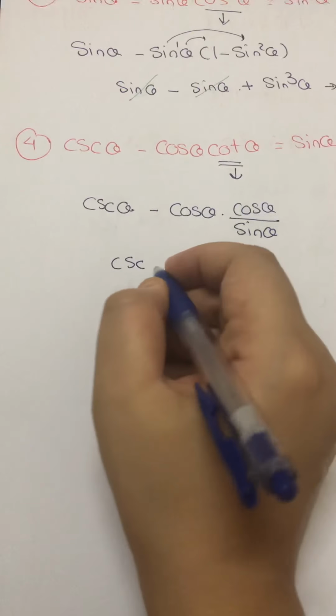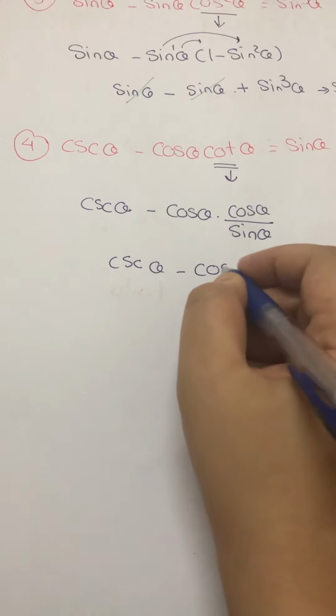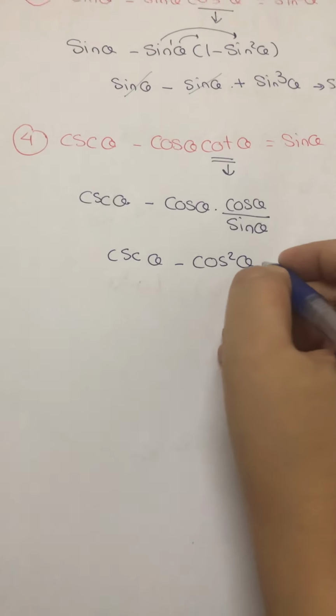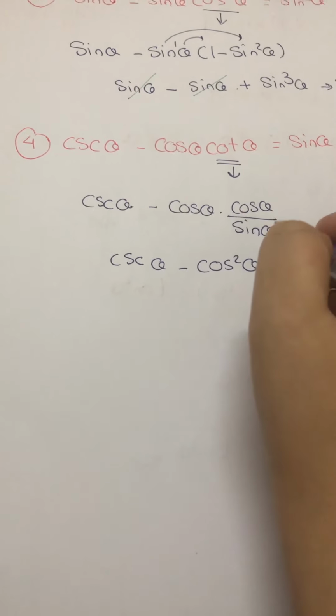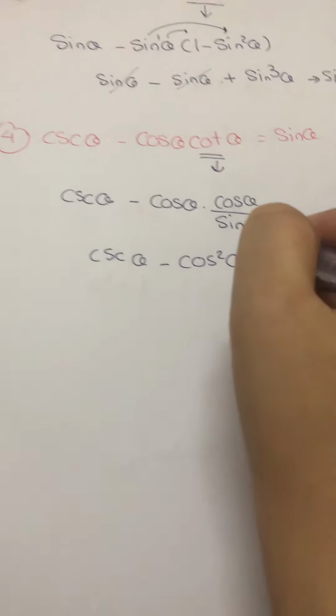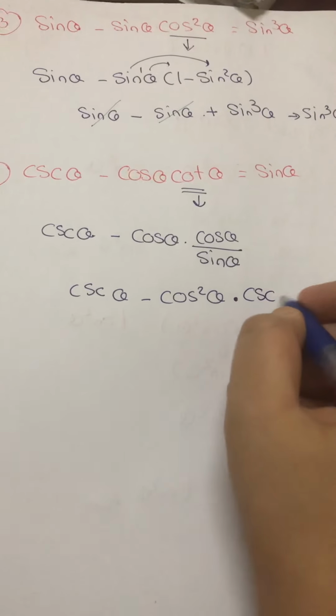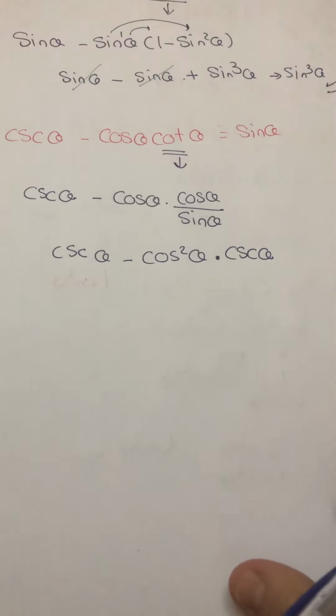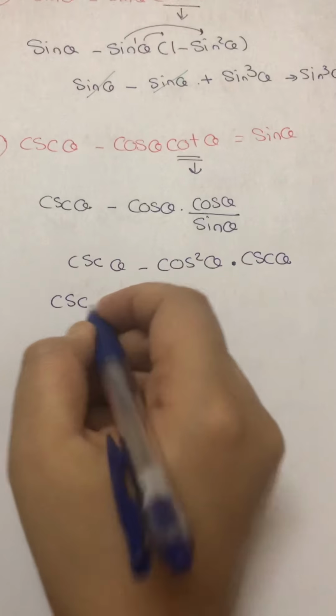I'm going to get cosec theta minus cosine squared theta times, I'm going to take this up. I'm going to take sine theta as a cosec theta, reciprocal identity. Now I have cosec to take as a common factor, for example.